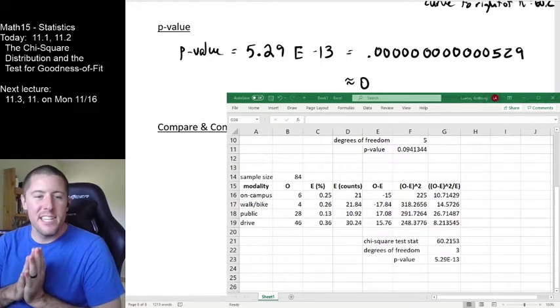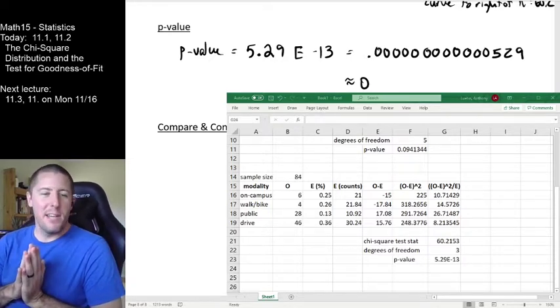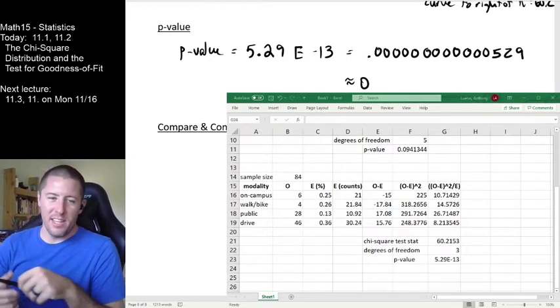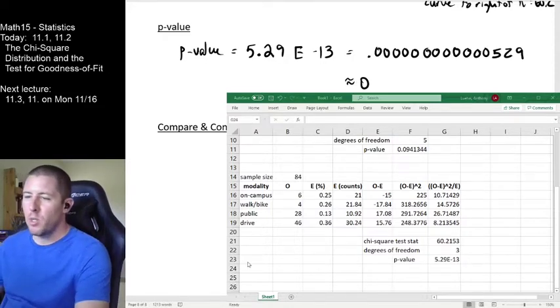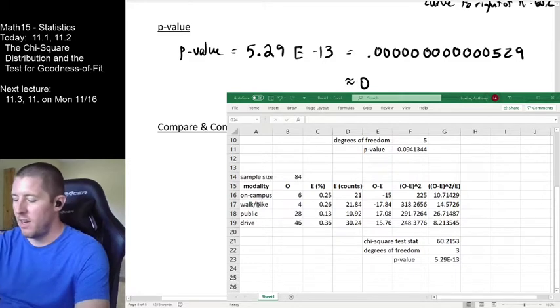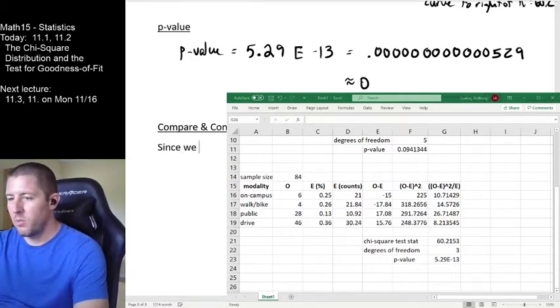And so this is saying to us, there's basically no chance that CR students are following the distribution according to the state. We have a p-value that is way less than our alpha value here. So since our p-value is much less than our alpha, we will reject the null.